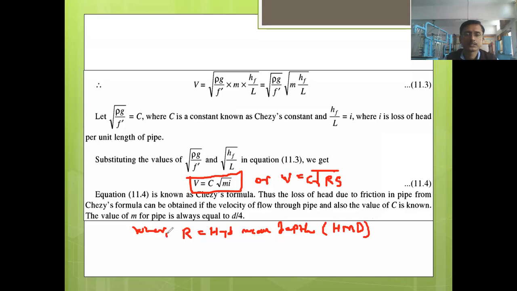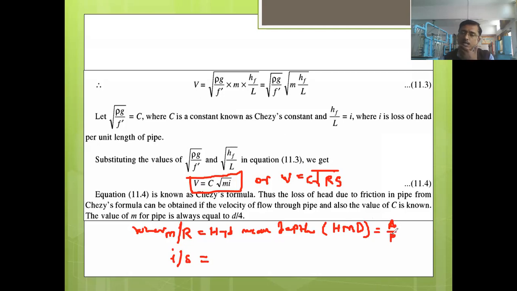Here M or S, M or R, and I or S. And this is nothing but A by P.